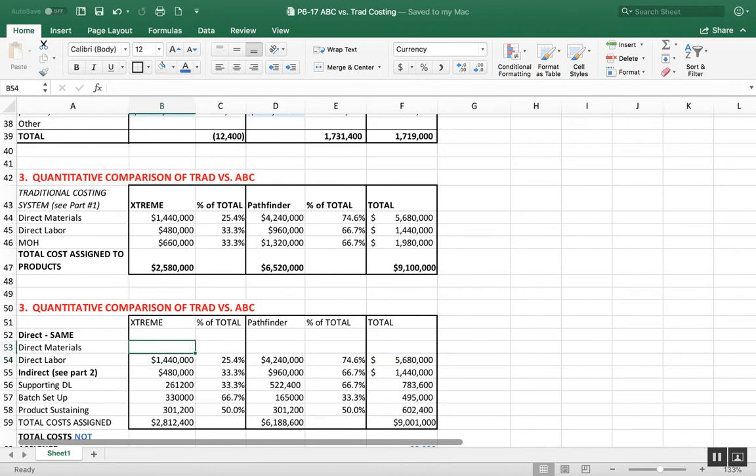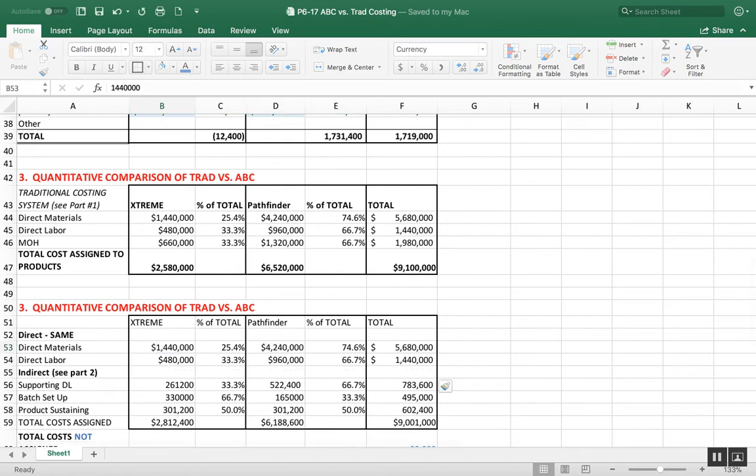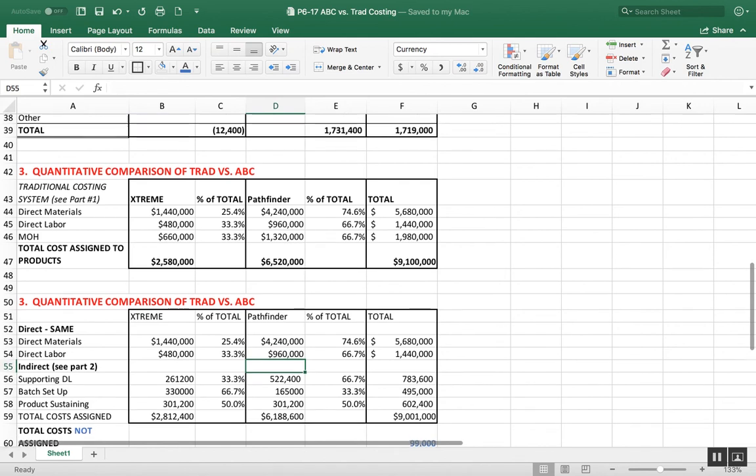Oops, excuse me. Actually, I've got my direct materials on the correct line now. So my Extreme was 1,440,000 over the total gives me 25.4%. The Pathfinder was 74.6%. So this divided by this, okay? Direct labor was the same. These are my direct costs. Again, those didn't change. I just really came up with a percentage to be able to further analyze that.